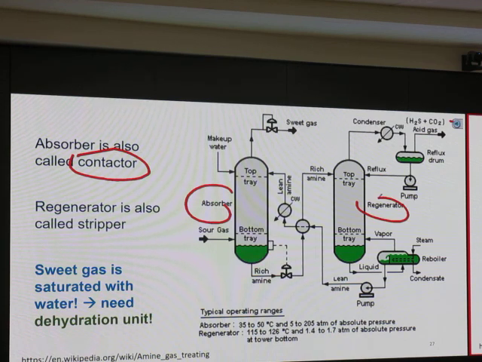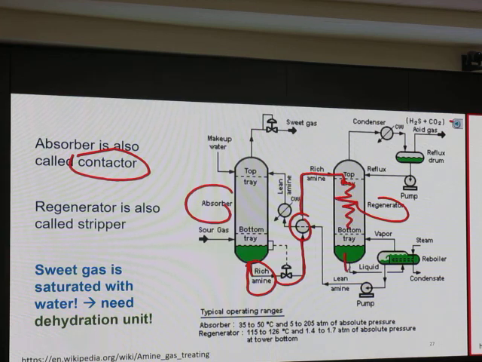So when we have rich amine at the bottom, we want to make it a little bit hotter. This is a heat exchanger, and it goes into another tower. In the other tower, we heat it up, so it goes through several trays to the bottom.